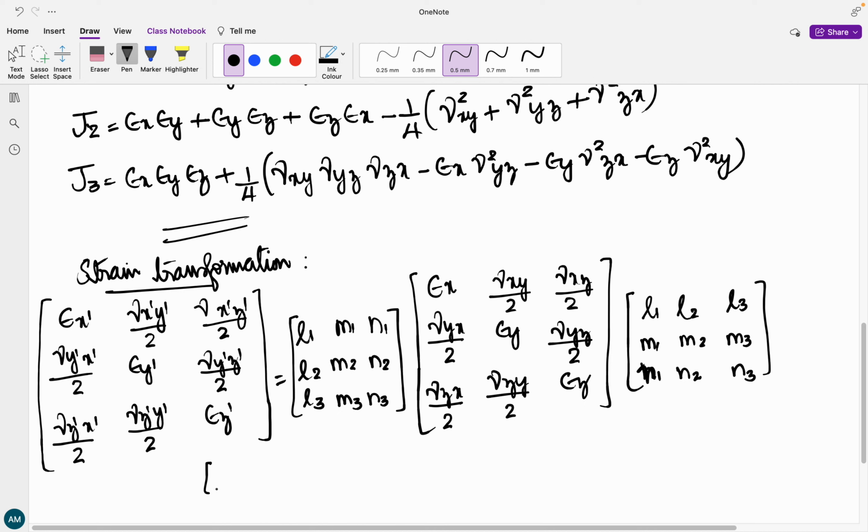Or I can just write it as epsilon dash is equal to A times epsilon times A transpose. What is the A matrix? Direction cosines.